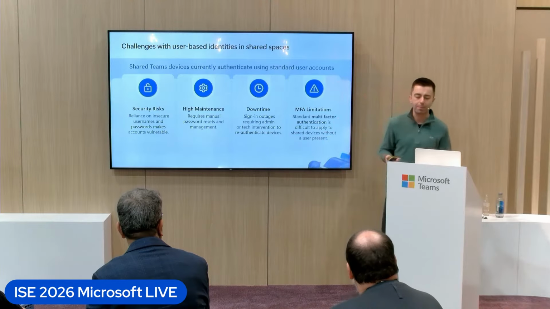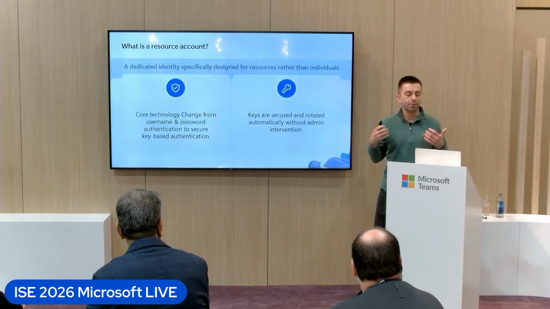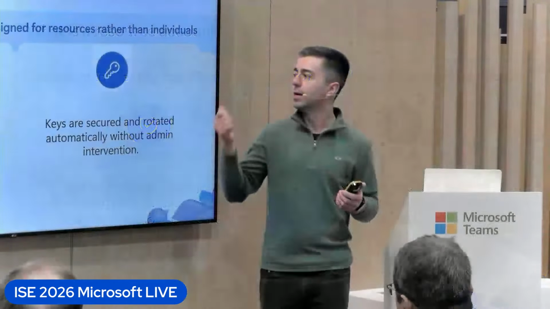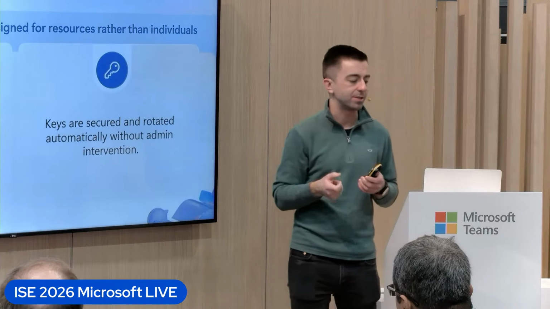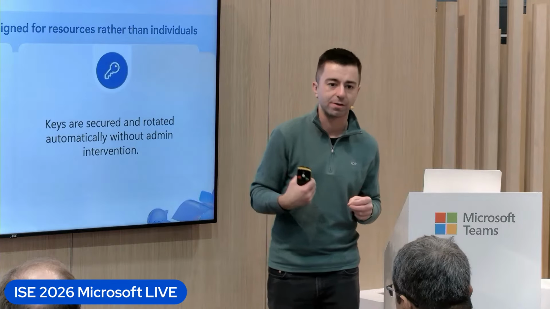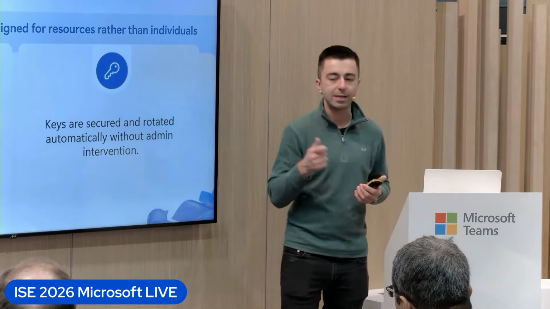So, all that problem statement aside, what does a resource account look like? Today it's a username and a password. What we're going to transition to is what we're calling passwordless resource accounts. The fundamental change is going from a username and password, Matt Slomka at Microsoft.com and then my password, to a key-based exchange.